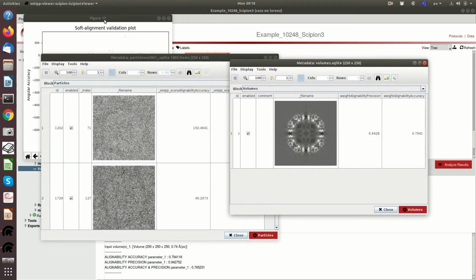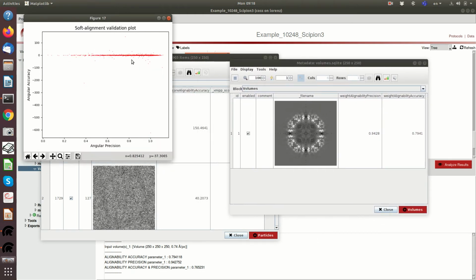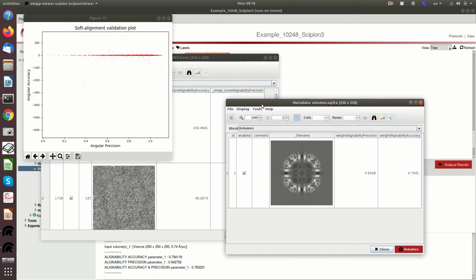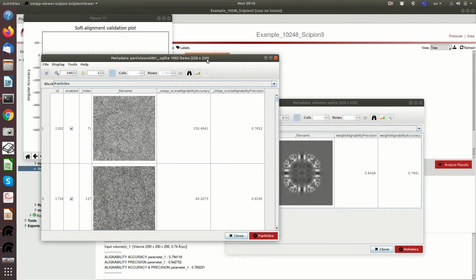In this plot we are measuring two things. One is the angular precision, the other one is called angular accuracy, and the names may be very confusing; we never know which one is which, but those are measuring two features of the angular assignment. The first one is this: for every particle you have chosen one particular direction because it is the maximally correlating direction with the experimental image.